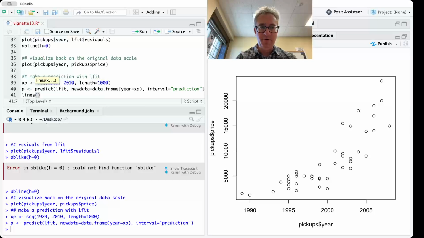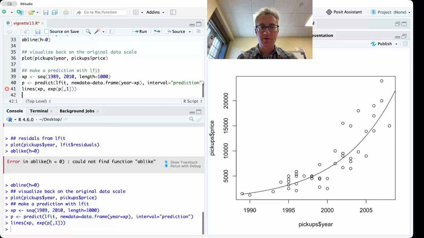For example, I can get P1, that's going to give me the fit, but that's the fit of the logarithm of y, so I need to exponentiate it to undo the logarithm. So need to back transform my log y prediction.